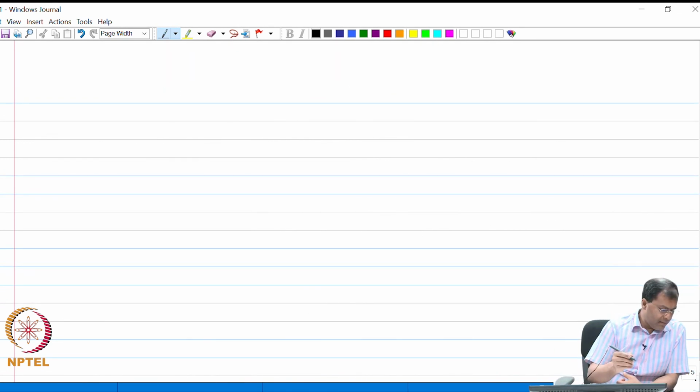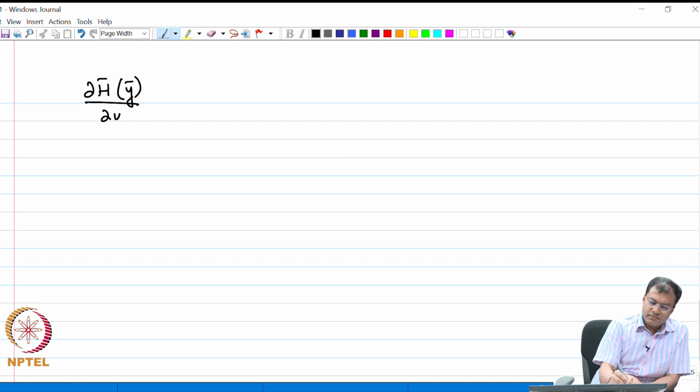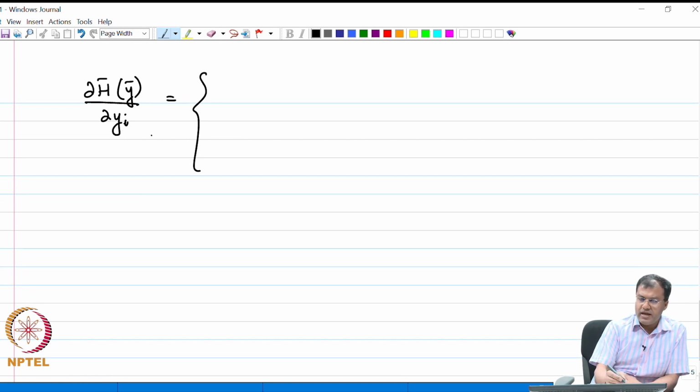So, we set up our first derivatives. My first derivatives are as follows. Notice that when i is 0, we will have the following expressions for different values of i. So, this derivative is for i equal to 0, and we get that this is also equal to the following.